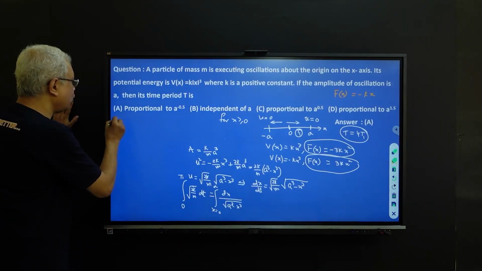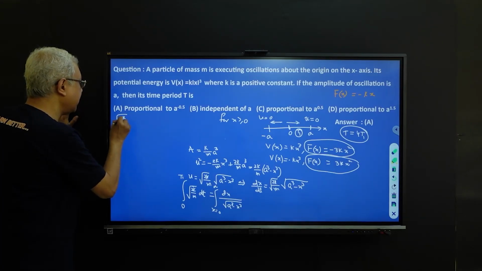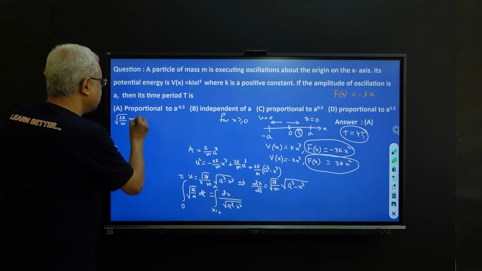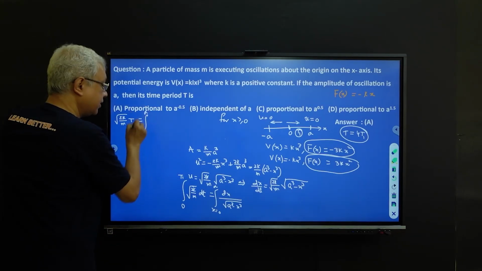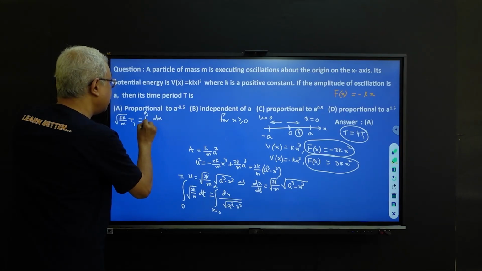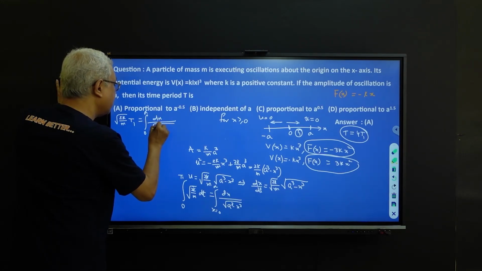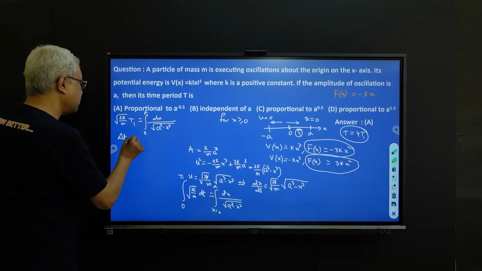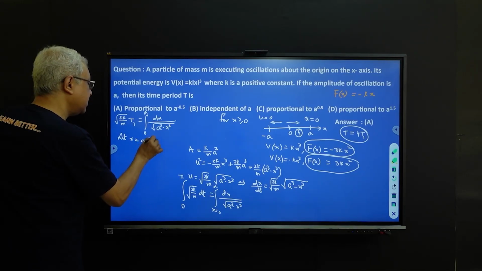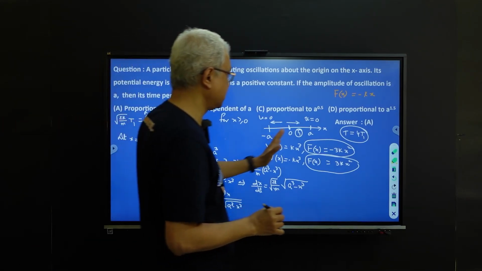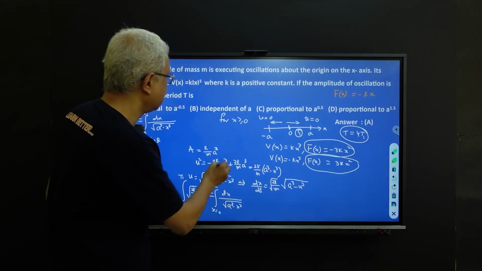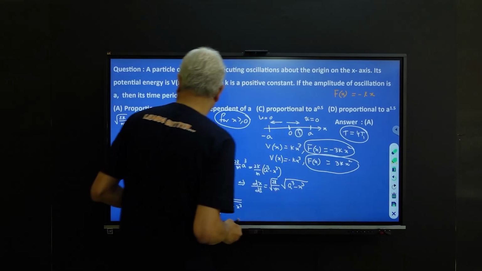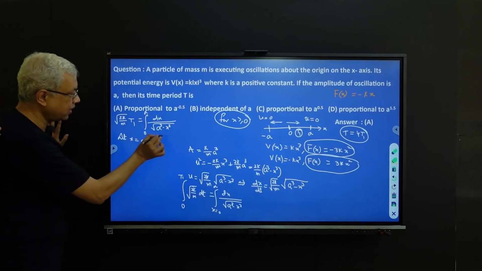So it is 2 root over 2k by m t1 is equal to integral 0 to a dx by root over a cube minus x cube. Let x equal to a sin theta. There is no harm in taking it like this, because when x is greater than or equal to 0, the x value is always a number between 0 to a, and therefore I can safely write x equal to a sin theta.